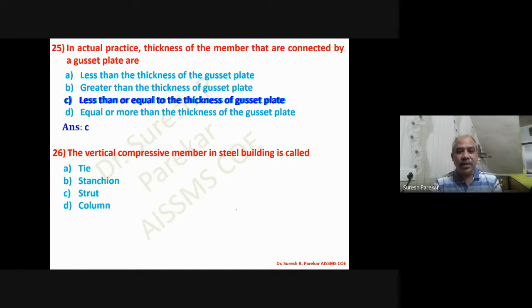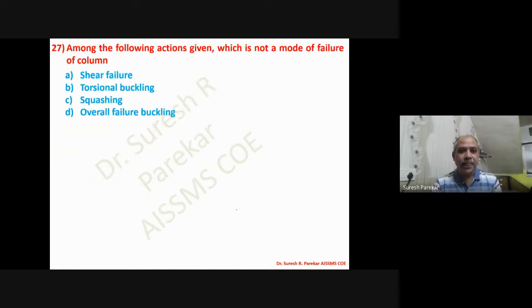Now the vertical compressive member in a steel building is called a stanchion, option B. Now among the following, which is not a mode of failure of a column: torsional buckling, squashing, overall buckling? These are related to columns. Shear is not related to columns, so the option is A.